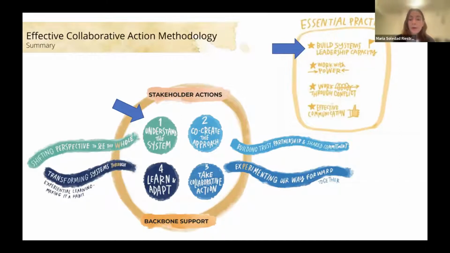And it can also help unveil sources of power struggles and conflict, and where the key needs are for communication to be effective. So it touches upon all of the essential practices. In a nutshell, the systems mapping method helps stakeholders build a shared understanding of the current system and supports the identification of new opportunities for effective collaborative action.